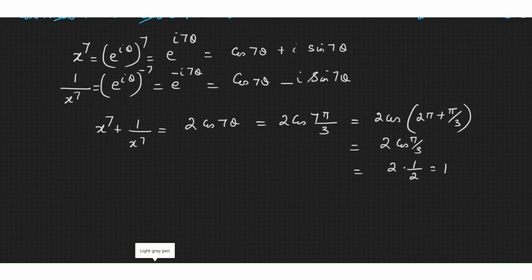So you get your final answer, x to the 7th plus 1 by x to the 7th is 1.